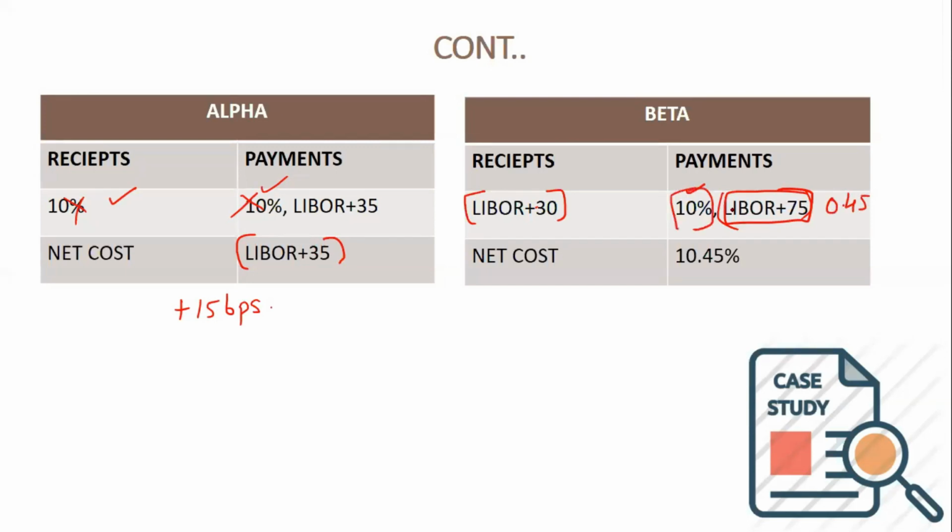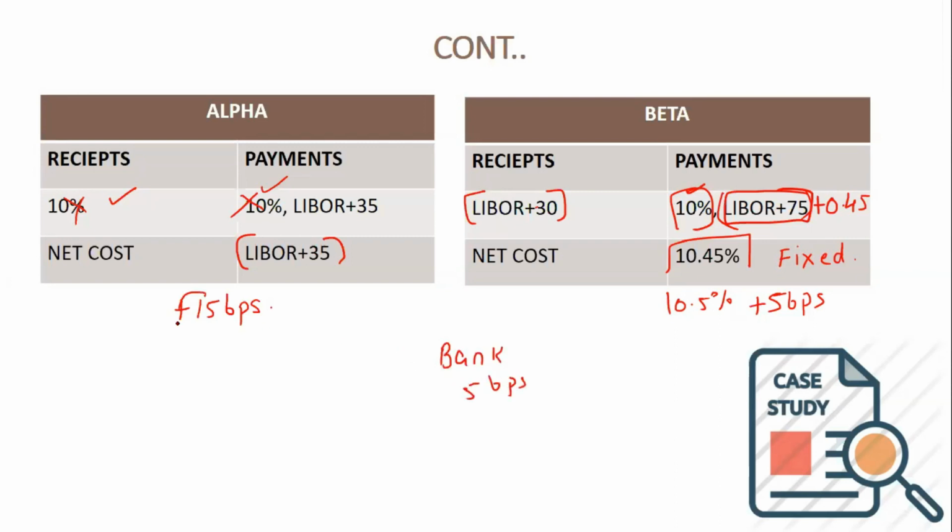And this 10%. So 10% plus 0.45, ultimately Beta is paying 10.45 fixed, which is what they wanted. They wanted to pay fixed and they wanted to pay lower than 10.5 percentage, and they received the benefit of 5 basis points. At the same time, the bank also made a profit of 5 basis points.